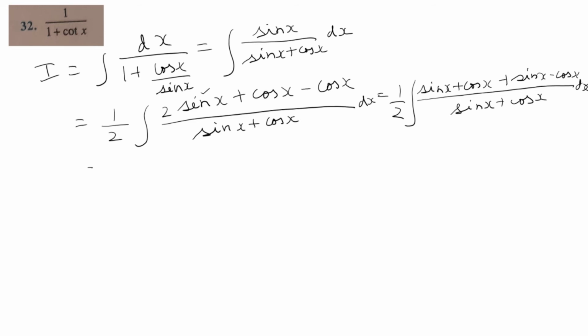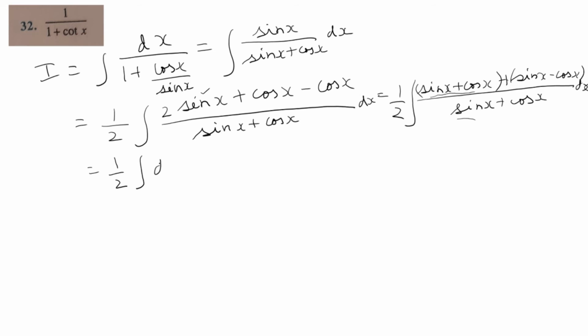So this is equal to half integral, I am taking these two terms separately and these two terms separately, that is sin x plus cos x separately plus sin x minus cos x separately. So if we take like that, the sin x plus cos x and the denominator will cancel out.